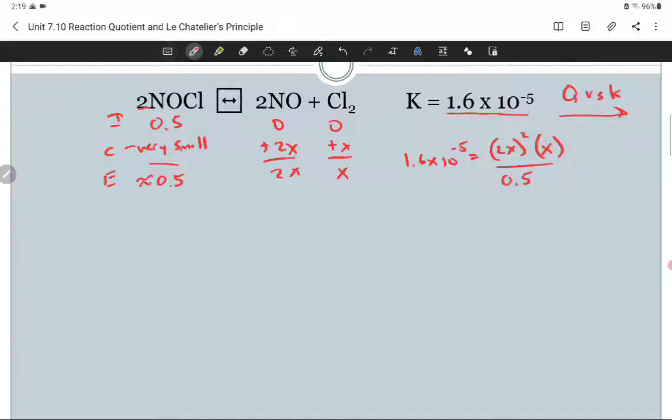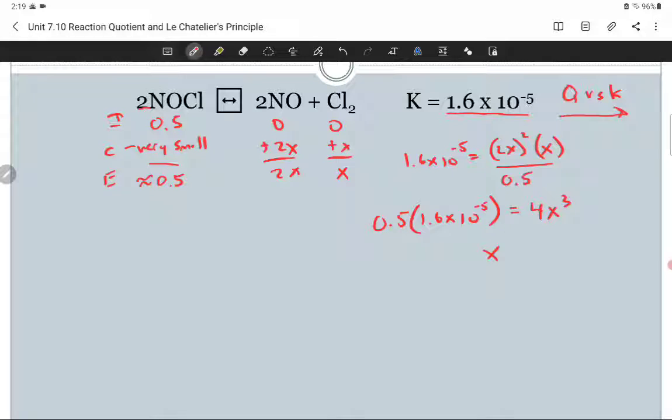So we got the 0.5 times 1.6 times 10 to the negative fifth equals 4x cubed. Okay.